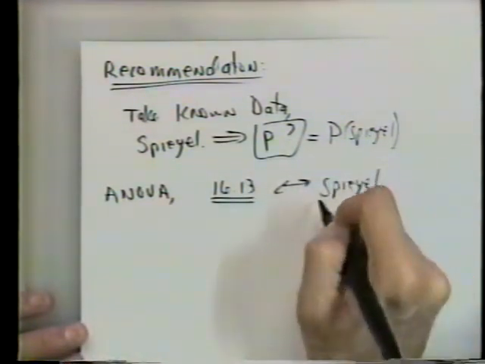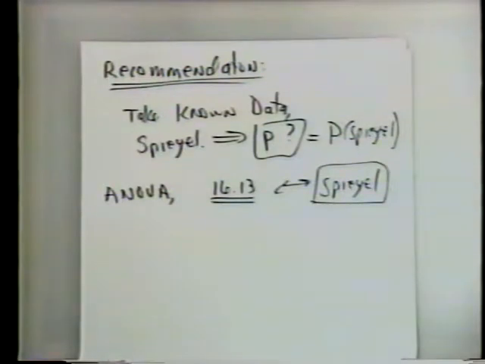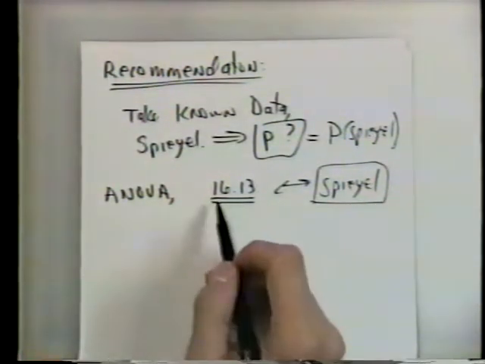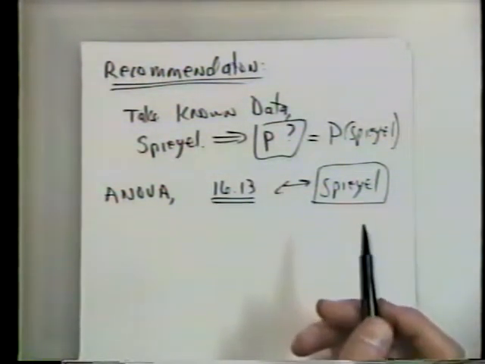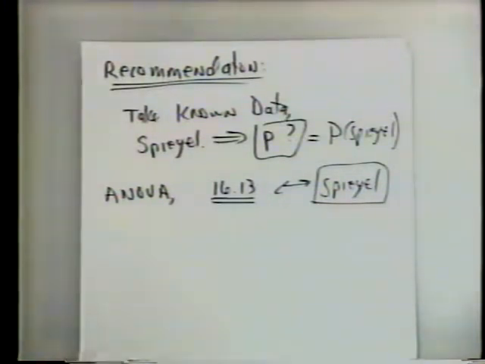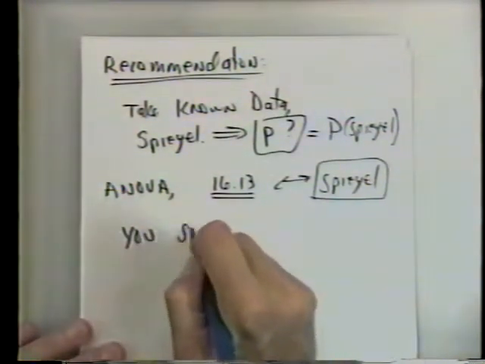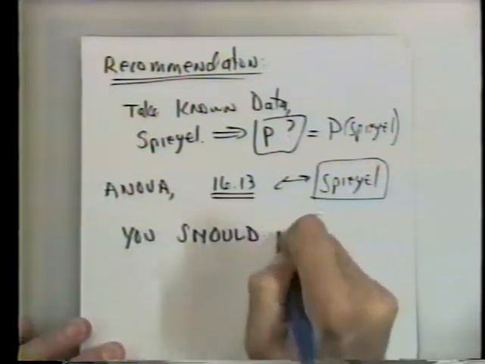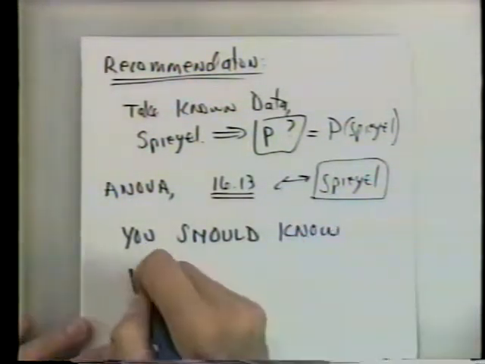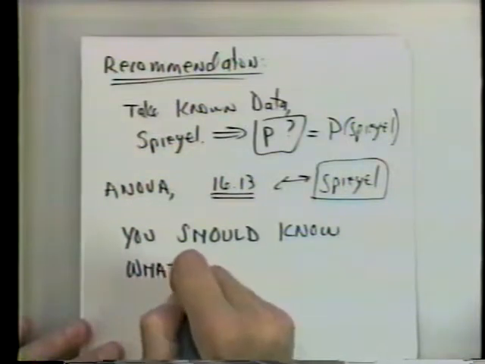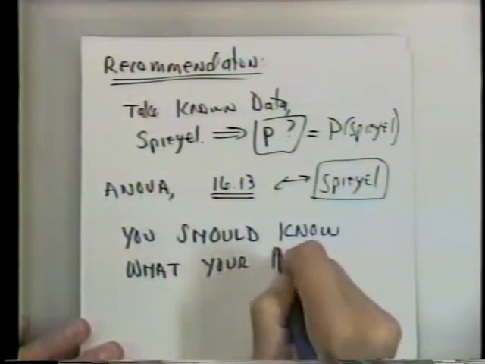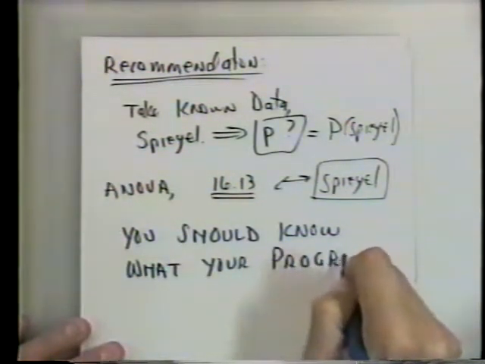Now, it's not necessarily bad if it differs from Spiegel. My program does, but at least you know what the program is doing. You should know what your programs are doing. So that's worth stating. You should know what your program is doing.